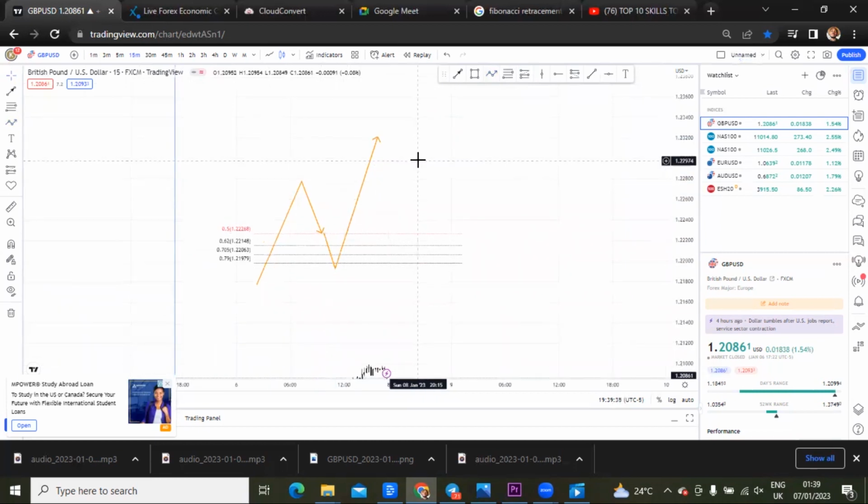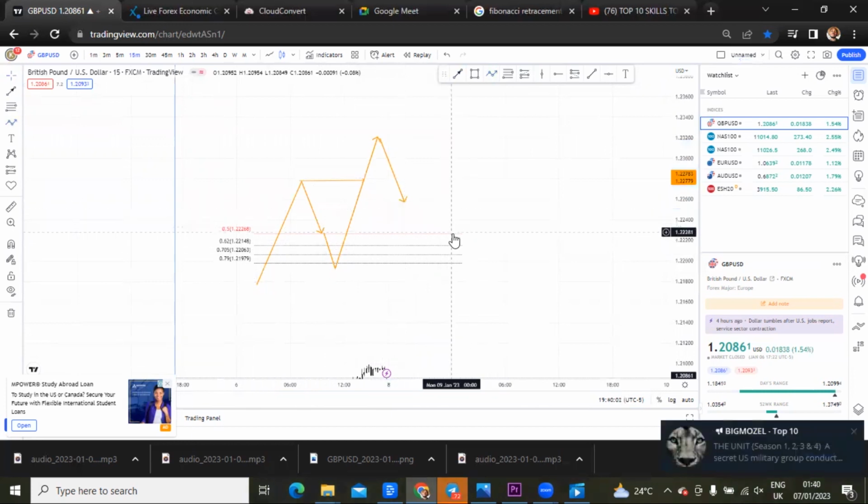Okay, so how to use the Fibonacci: once a high is being broken, you cannot use the same Fibonacci arrangement to determine the next retracement. Once a high is being broken, the next retracement is going to need you to redraw your Fibonacci.